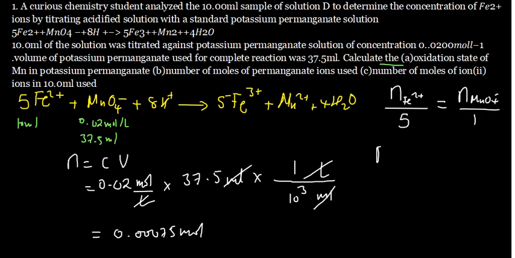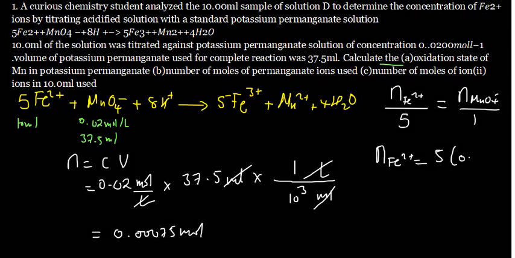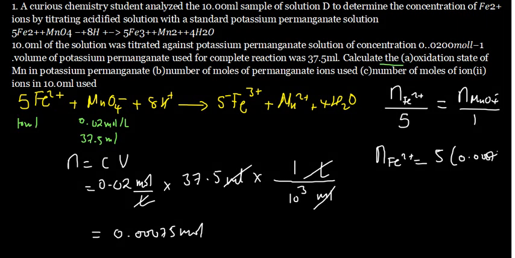So the number of moles of iron 2 plus is going to be just 5 multiplied by the number of moles of the manganate, which is 0.00075. And that will give us 0.00375 moles. As direct as that, we are good. Yes. So you can actually determine the concentration which was used. Also concentration is number of moles divided by volume. You know the volume is that.